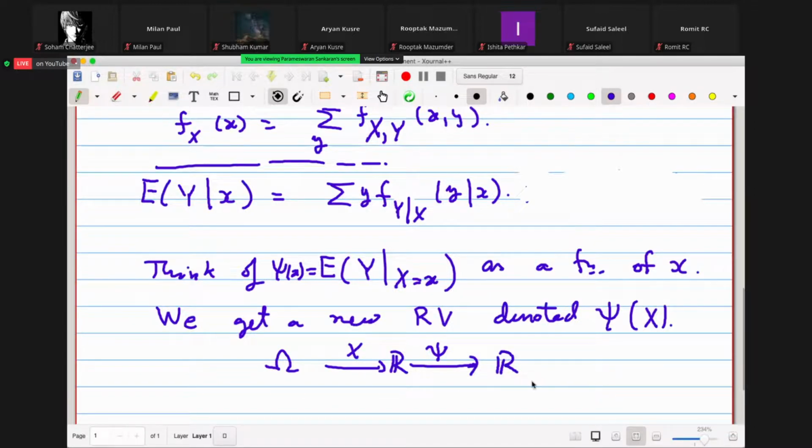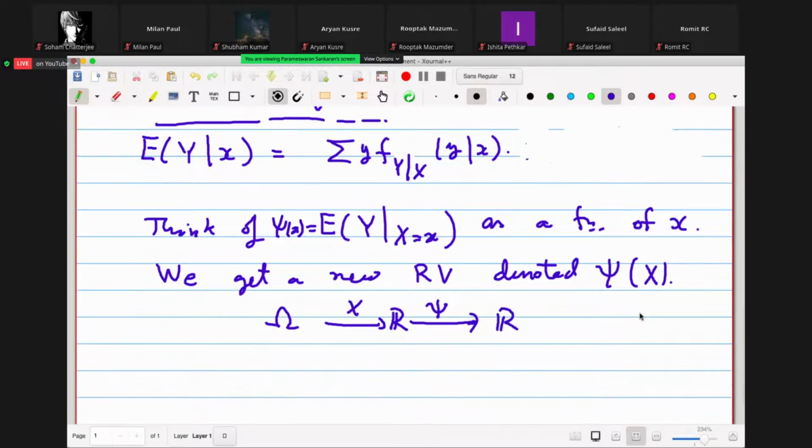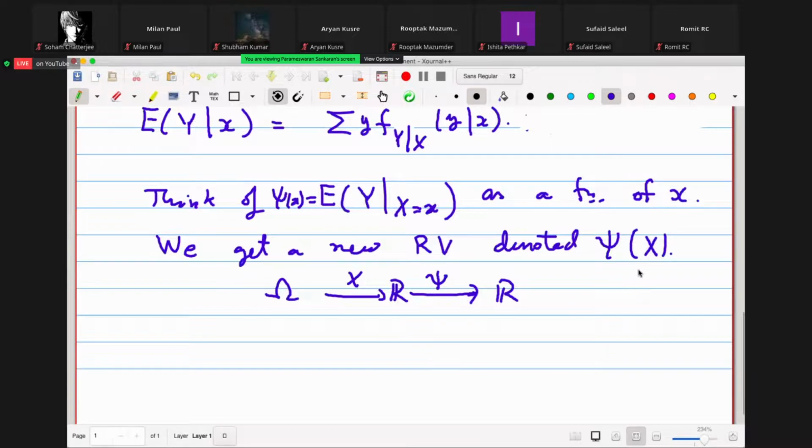So this composition is indeed a random variable, and that is denoted like this. To bring out the dependence, this is a certain function of capital X, and therefore a random variable.